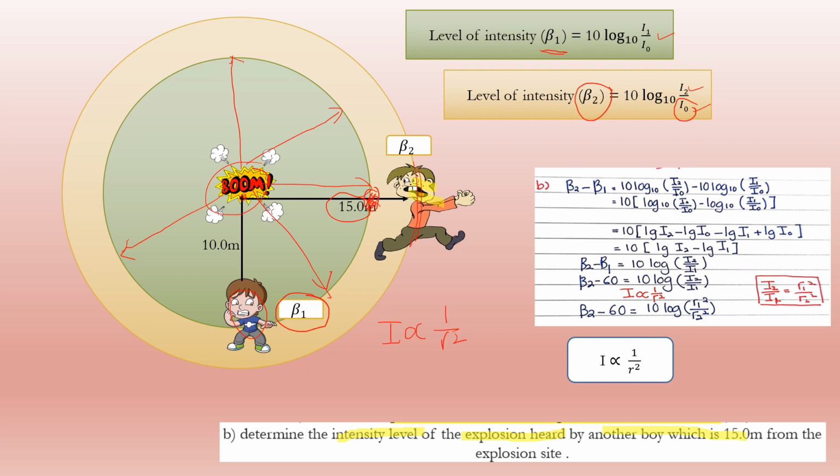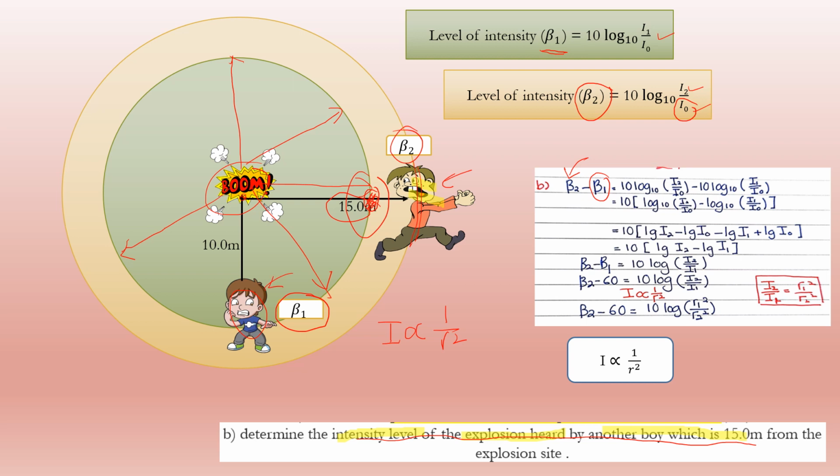But they ask us to determine the intensity level of the explosion heard by another boy, which is 15 meter. So we must take beta 2 minus beta 1. Beta 2 here minus beta 1. Okay. Now, in comparison of what this guy here heard to what this guy here heard. Okay.